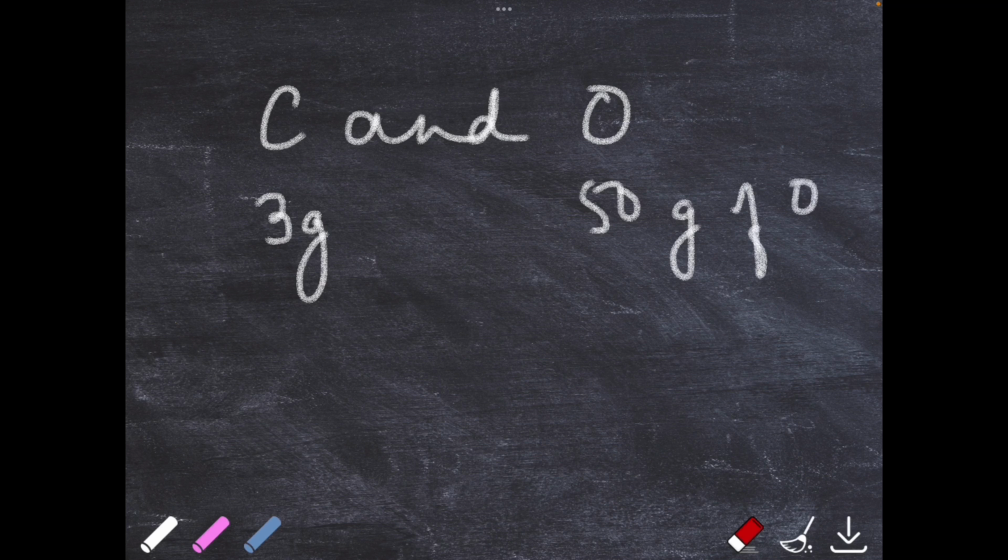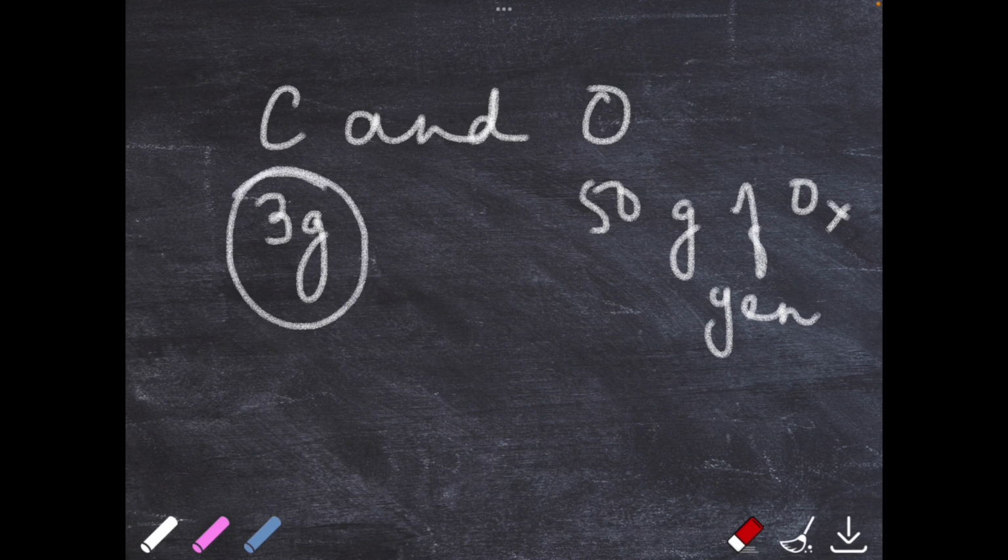Though we have oxygen in quite a major amount, it is the 3 grams of carbon which is determining how much carbon dioxide will be produced, because it is in limited quantity.